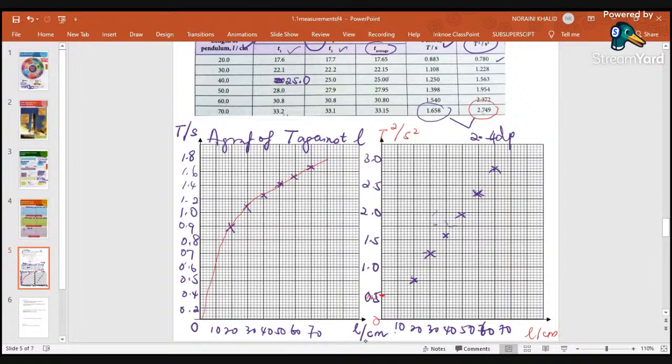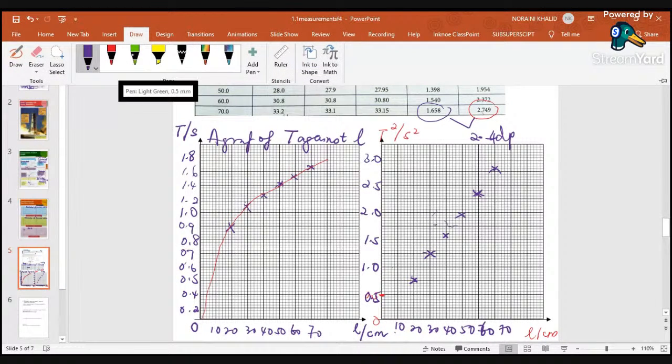For this one, you can draw a straight line graph. Use a ruler to draw.